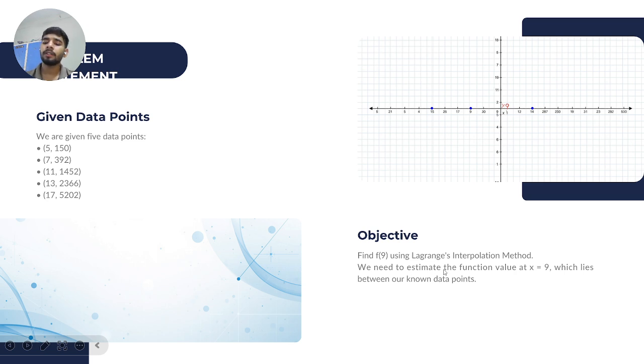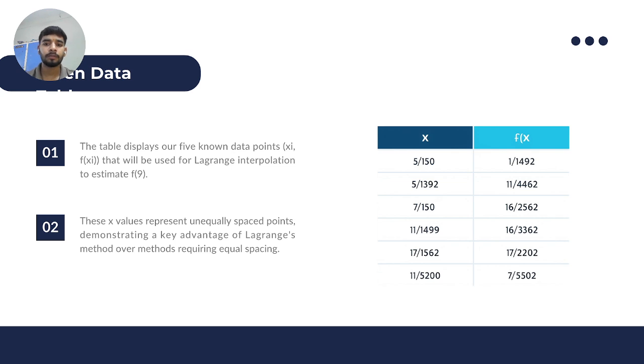We need to estimate the function value at x equals 9, which lies between our known data points. The table displays the five known data points x_i and f(x_i) that will be used for Lagrange's interpolation, given in the question to estimate the value of f(9). These x values represent unequally spaced points, demonstrating a key advantage of Lagrange's method over methods requiring equal spacing.